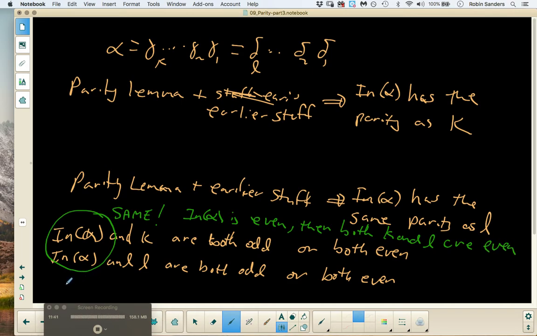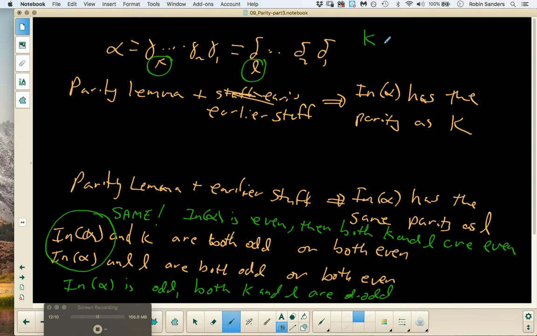And it also means that if the inversion number of alpha is odd, both k and L have to be odd. So what does that say? That says k and L have the same parity.